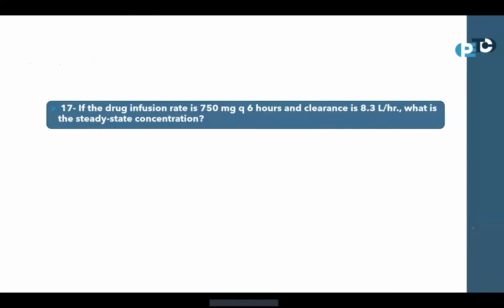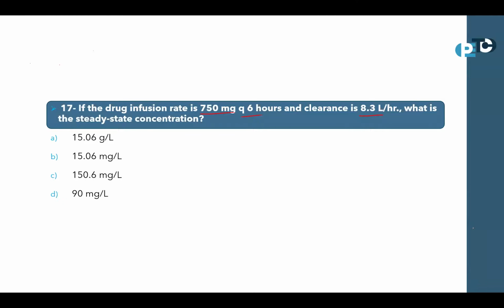Let us see one of the calculation problems here. If the drug infusion rate is 750 milligrams every 6 hours, and the clearance is 8.3 liter per hour, what is the steady state concentration? How can we solve this question? Let us see what information we have and what the formula is.